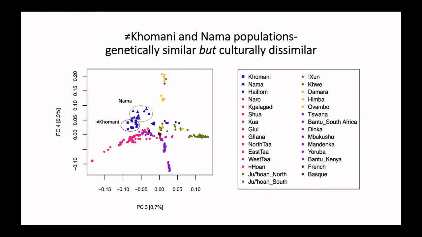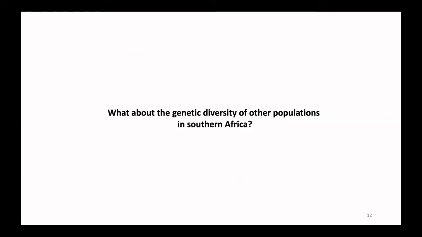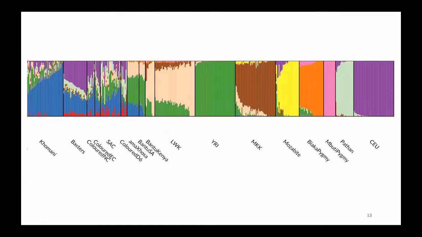One of the conclusions that we made was that at that time we needed more data to definitively show fine scale population structure, although it was suggestive based on this analysis. So what about genetic diversity of other populations in Southern Africa? Although I'm particularly interested in Khoisan, they have founded quite a few other admixed populations.